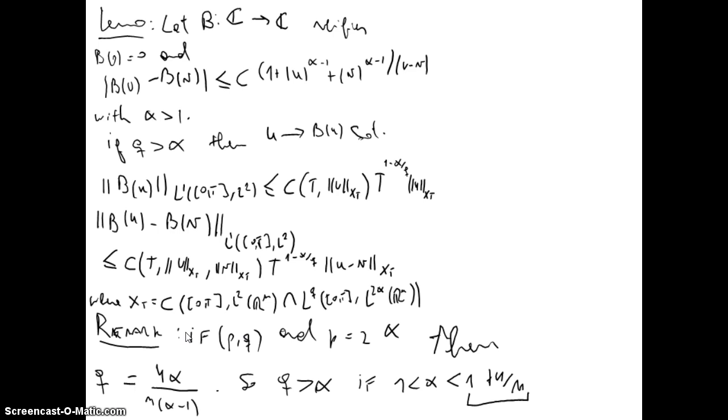Okay, so let's make a sketch of the problem. As b(0) is equal to 0, we are just going to prove this one. It will be a specific case of this one.